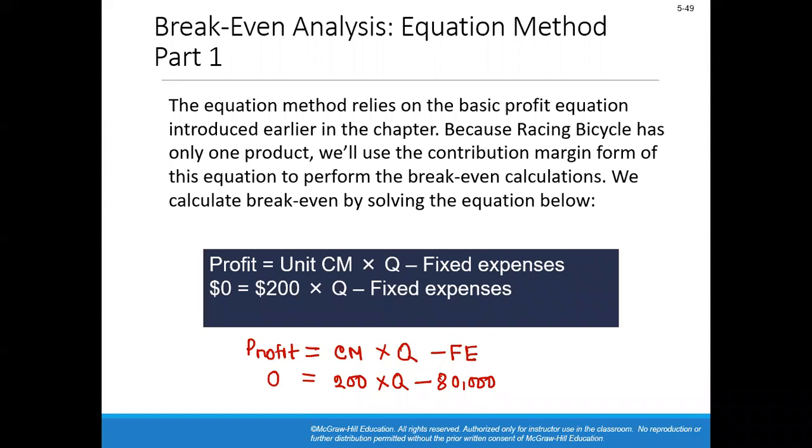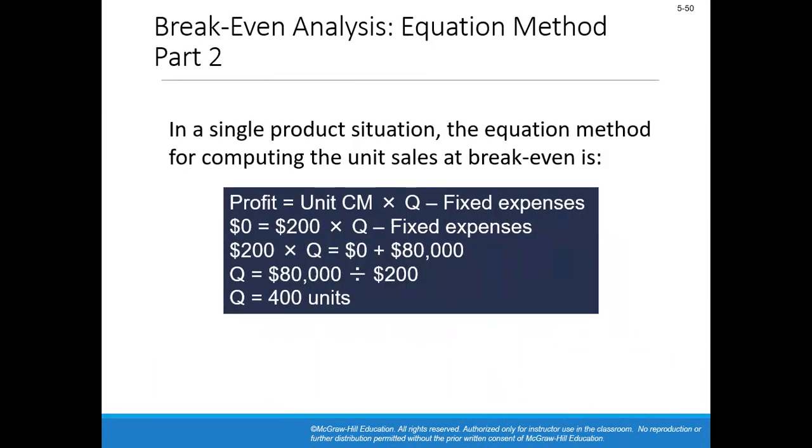What can we do? We can solve the equation for Q. If we solve the equation for Q, we would get the quantity is 400 units. So what does it mean? It means that if we sell 400 units of bikes, we have a no profit, no loss situation, which is known as the break-even situation. Okay.